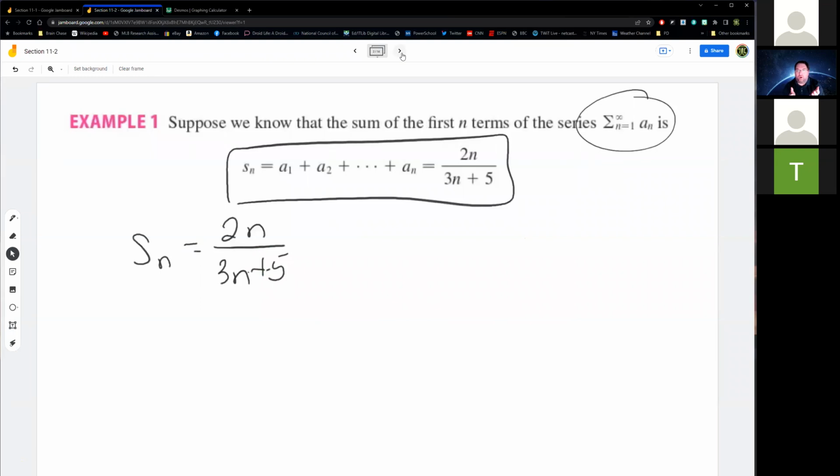So I know for any partial sum, I can use that equation. So in essence, they've given me the equation for the sequence, and they want to know the value. So we can now just take the limit of that and figure out where it converges to. So we're going to look at the limit as n goes to infinity of 2n over 3n plus 5.